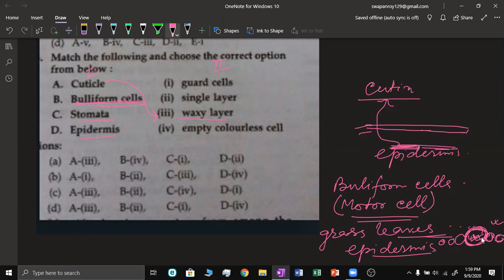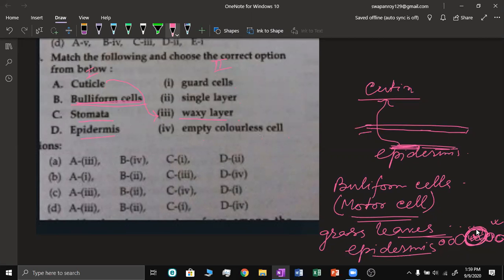But when there is a drought condition, a dry condition within the plant, there is very little water, or transpiration has taken place very fast, so the leaves have lost water.